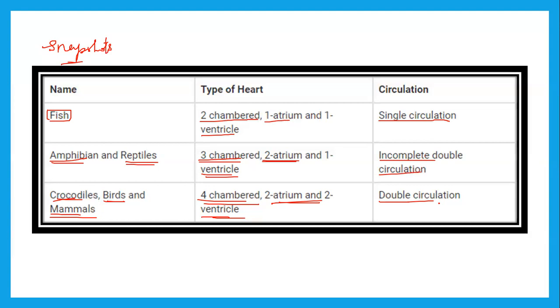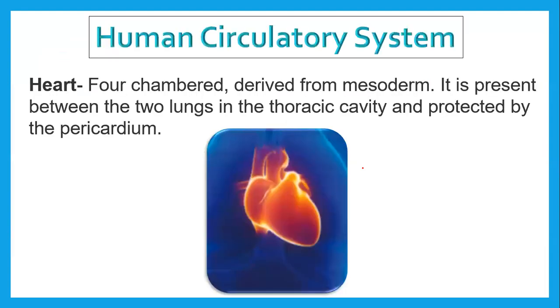All those organisms pump out only mixed blood. We cannot say the blood is purely oxygenated or purely deoxygenated, because with two atria and one ventricle, the blood gets mixed in the ventricle. In case of crocodiles, birds and mammals, there are four chambers, two atria and two ventricles. The right side is always filled with deoxygenated blood, the left side always with oxygenated blood.